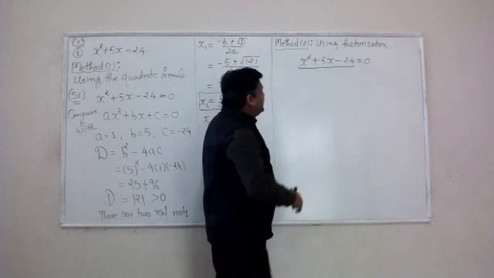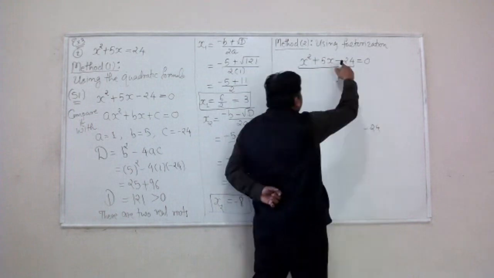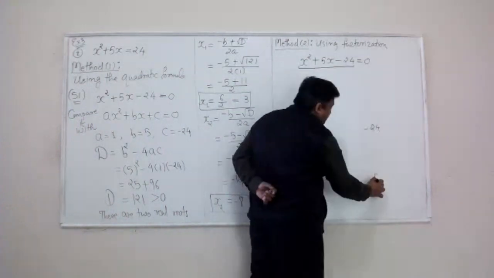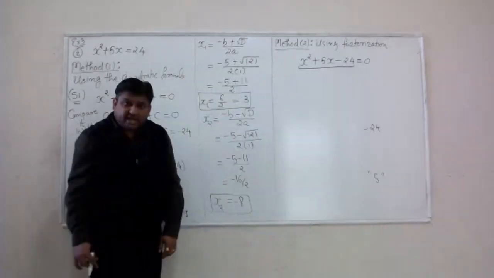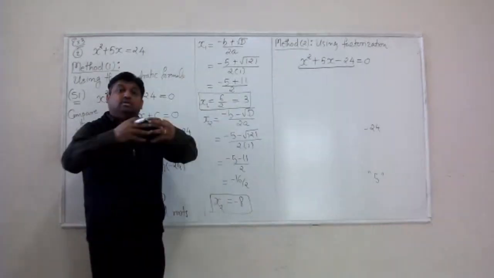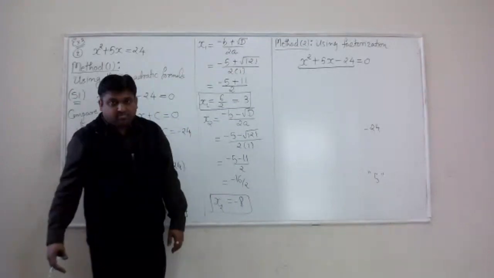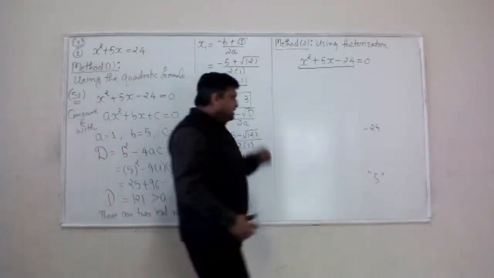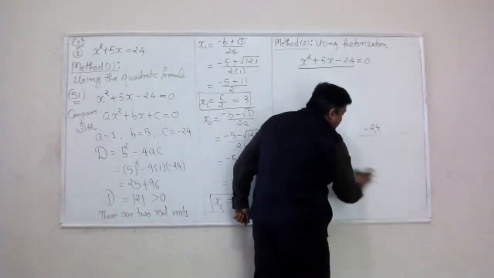Looks like I need to find the factors of negative 24 that add up to 5. Are you aware of any factors of negative 24 whose sum is exactly 5? Well, think about it. I would write down all possible factors of 24.